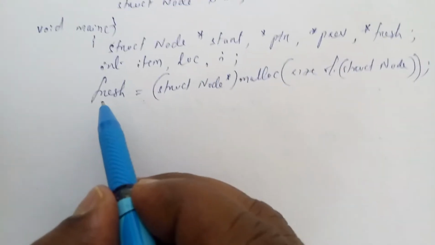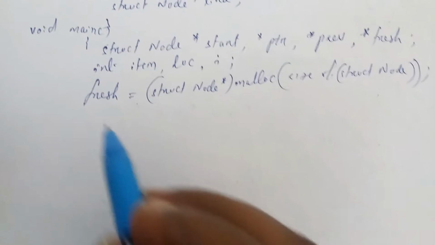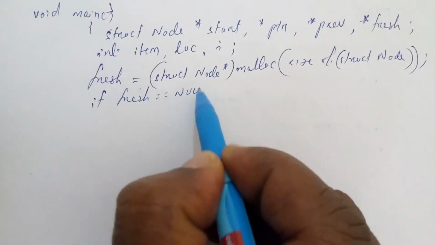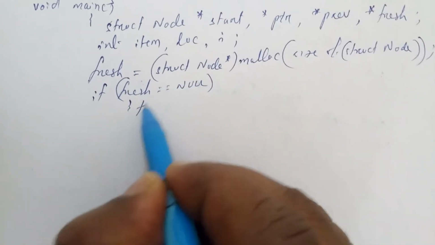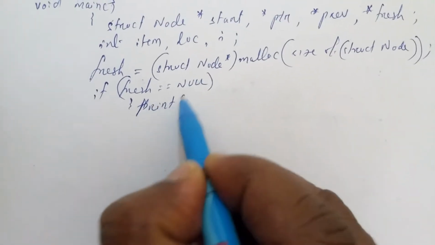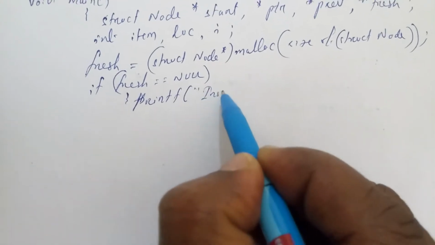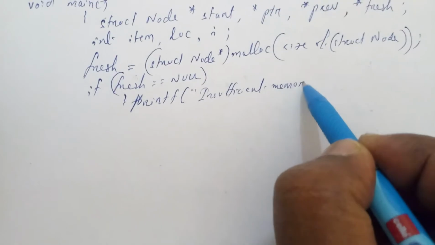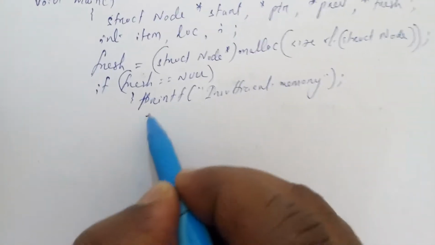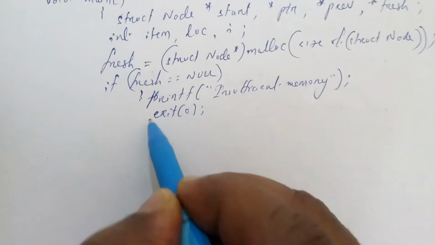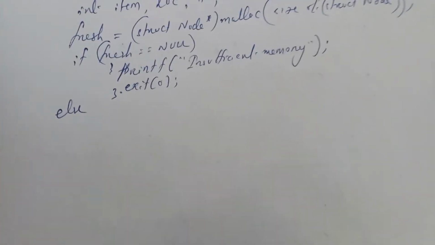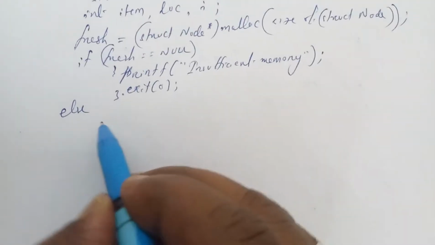So here the fresh pointer contains the address of the new node created. We have to check the fresh value first. If fresh equals to null, then printf insufficient memory. That is, we have to exit. Else memory is there, so we'll insert the value into that memory block.